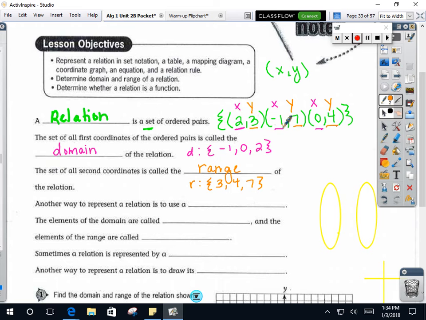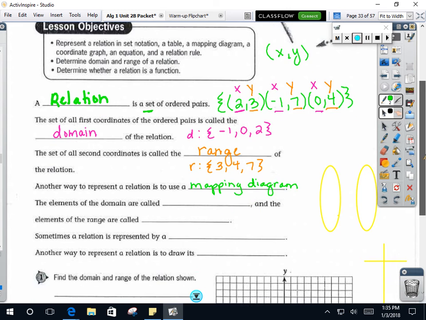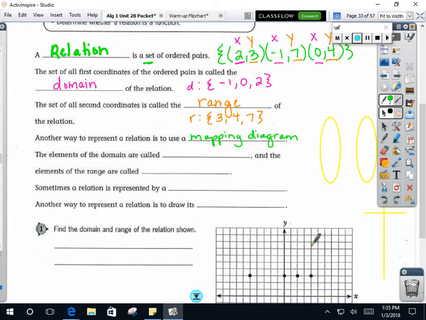Writing out a set of ordered pairs is one way to represent a relation. Another way to represent a relation is to use a mapping diagram. So this time, instead of writing out this relation as a set of ordered pairs, we're going to put it in a mapping diagram which looks like this.